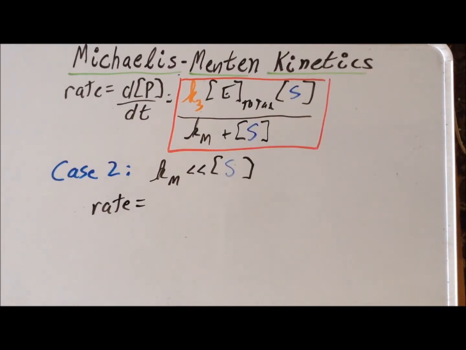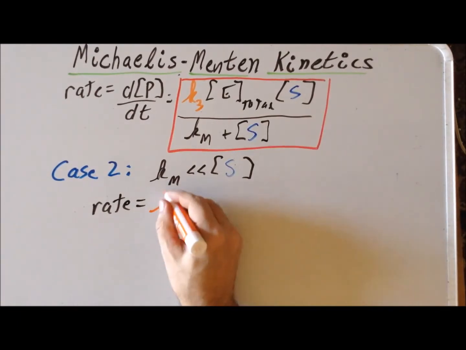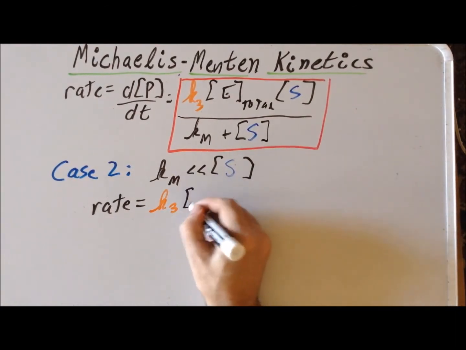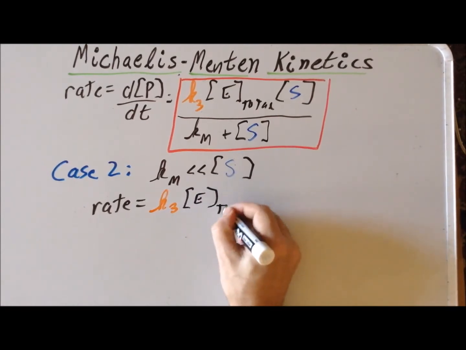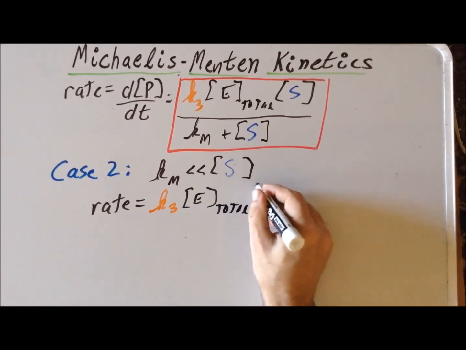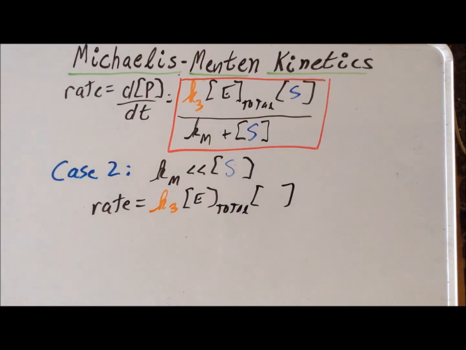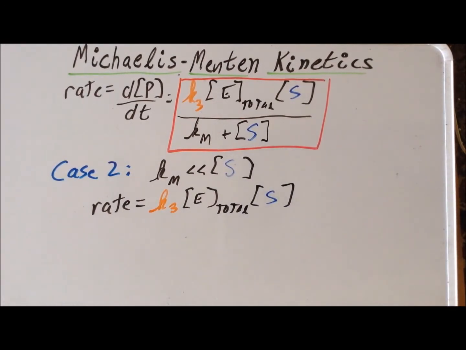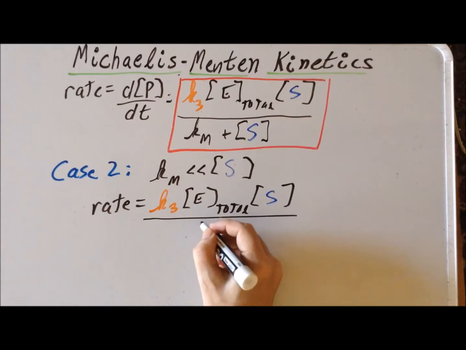The numerator stays the same. We have the rate constant K3 times the total concentration of the enzyme times the concentration of the substrate, and then that's divided by the concentration of the substrate.